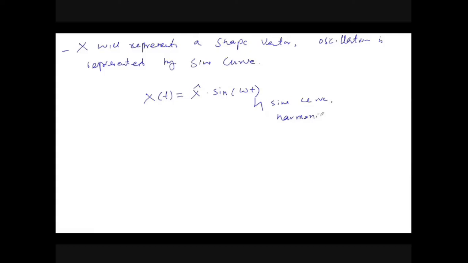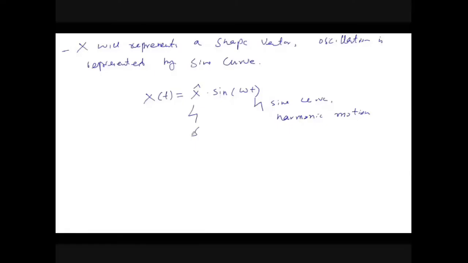Okay, this is the shape vector, and x will be the displacement of each floor.